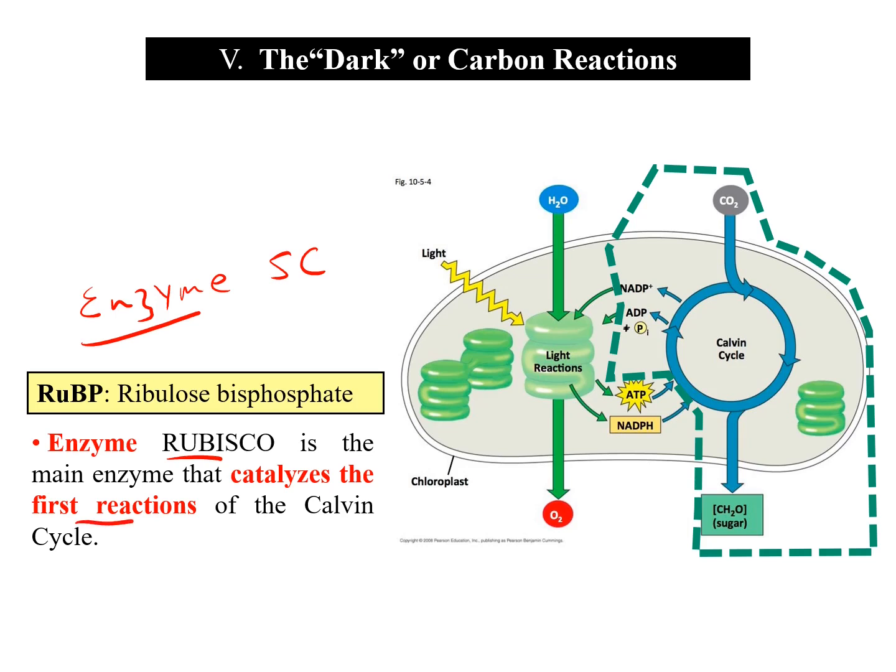So those are 5 things that I told you, very general, but they can help you for the test. Now we're going to talk about the different phases of the Calvin cycle, and in your textbook they focus on 3 phases.